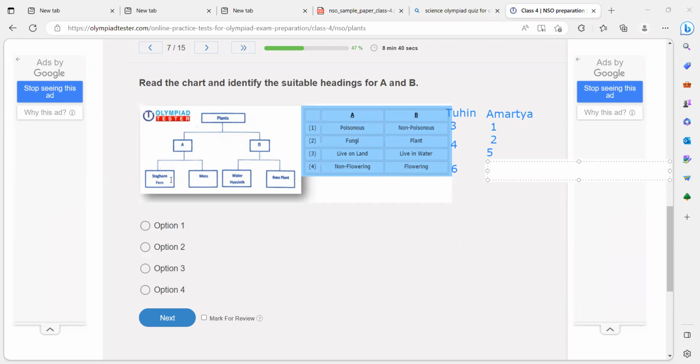Rose plant is a plant. Rose plant is flowering, and I think water hyacinth lives in water, and I think it is a plant.